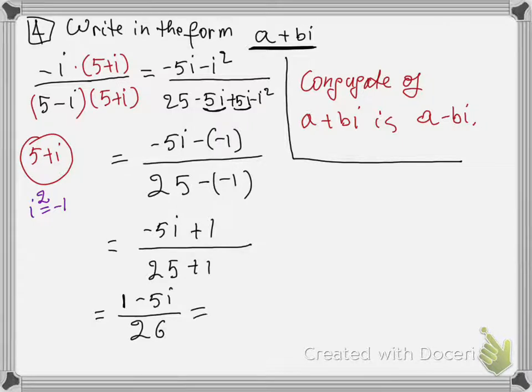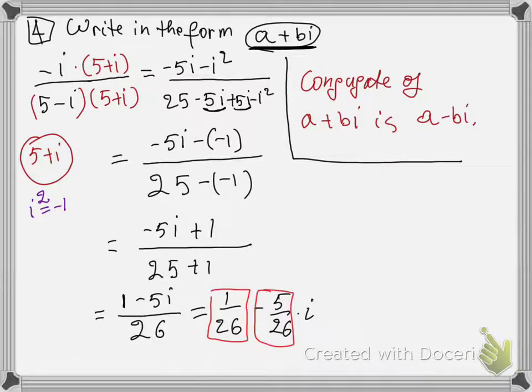Now remember, we need it in the form a plus bi, so we're going to split this: 1 over 26 minus 5 over 26 times i. So the real part of this complex number is 1 over 26, and the imaginary part is negative 5 over 26.